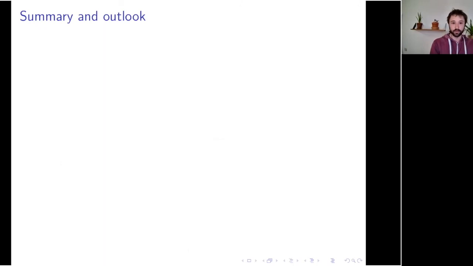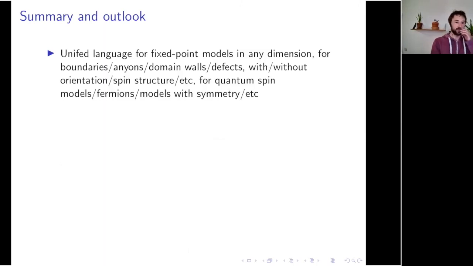Okay, so to wrap up, I showed you how to construct fixed point models from combinatorial representations of spacetimes by simply interpreting the combinatorial structure as tensor networks. This same language can be applied in any dimension. It can also be applied for fixed points of boundaries of models, or anionic world lines or domain walls or any sort of other defects.